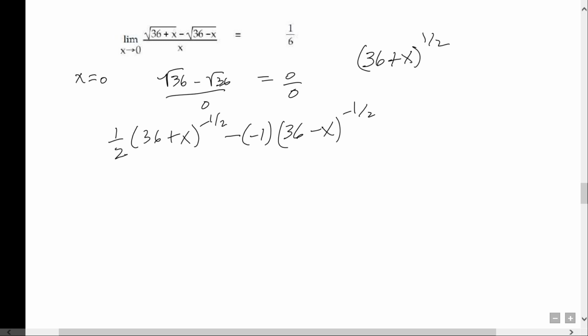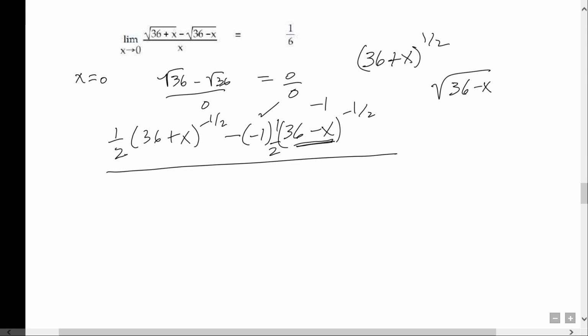Now you have the two minuses because when you take the derivative of 36 minus x, of course you have a 1/2 here also. You have to take the derivative of the u, which is minus 1. That's why you have a minus 1 here. So what you now have is 2 of these at the top, and the derivative of the denominator is 1.